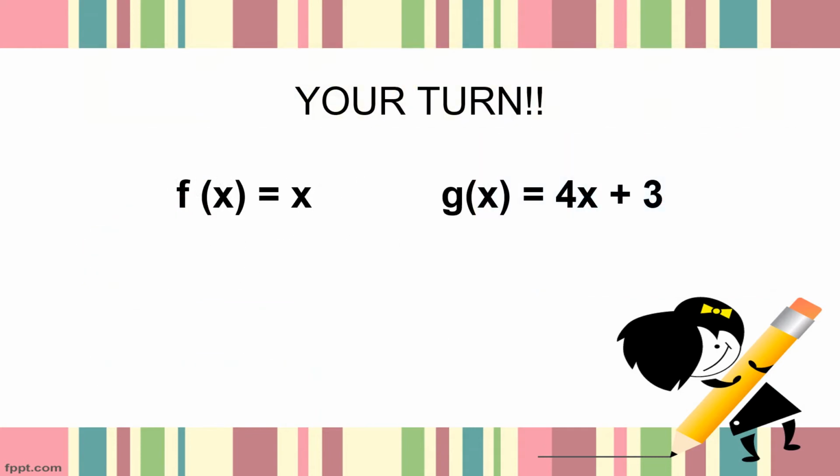Okay, now your turn. So, will you try to multiply the two functions? So, in here, we have f of x equals x, and g of x equals 4x plus 3. Alright, so, what are you going to use here? Yes, monomial by binomial.